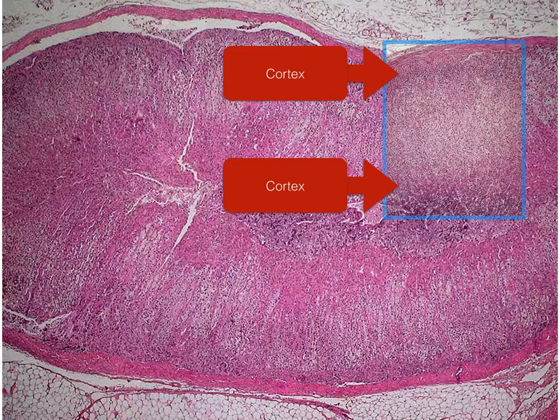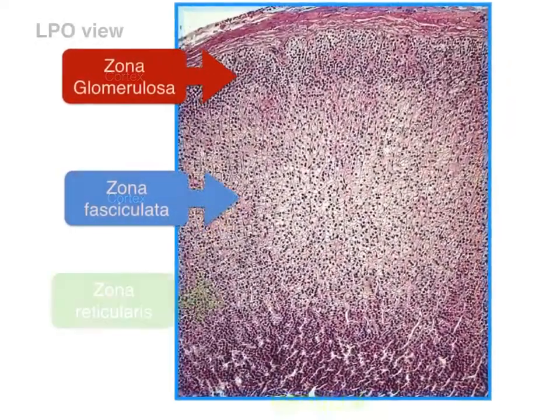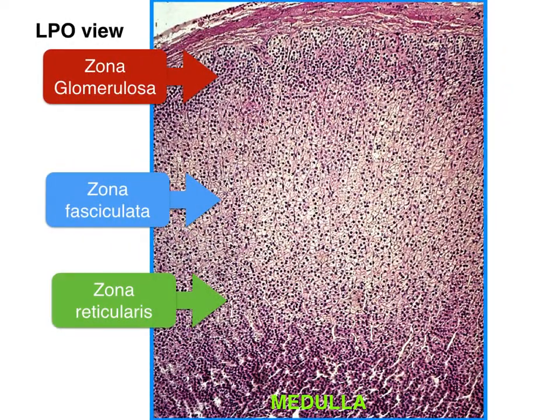The adrenal cortex is organized into cords and are arranged radially around the medulla. Let's now focus on the cortex. The cortex is divided into three sublayers, namely zona glomerulosa, zona fasciculata, and zona reticularis.